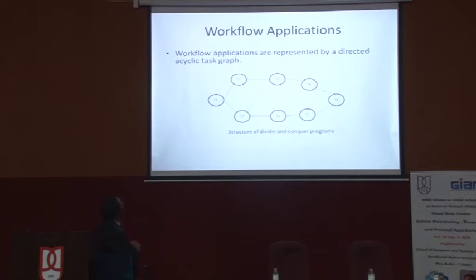There are some workloads, workflow applications, for example. You can see this workflow application, which is very, very common nowadays. T1 can be run first, and these two can run in parallel, and these two can run in parallel as well, because they only depend on this one, and then this one waits and runs last.